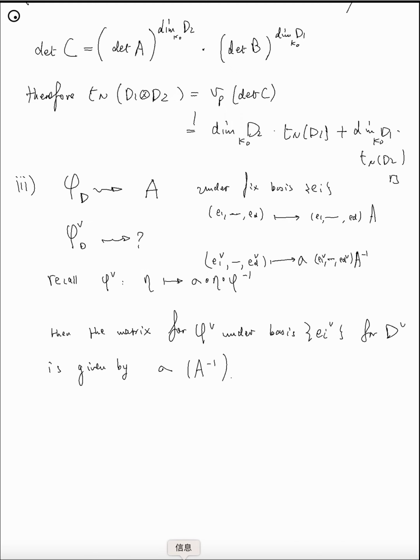On the coefficients, just on the coefficient.